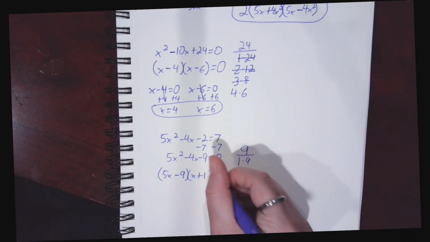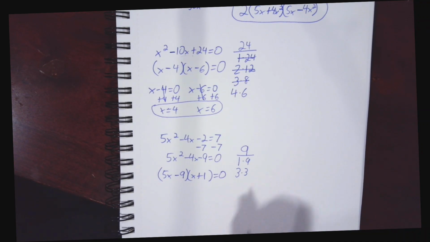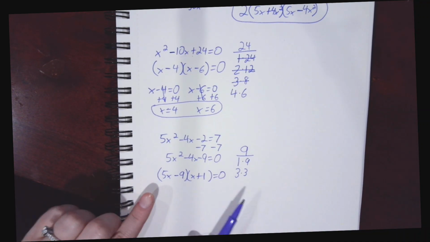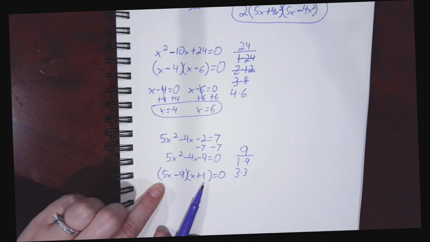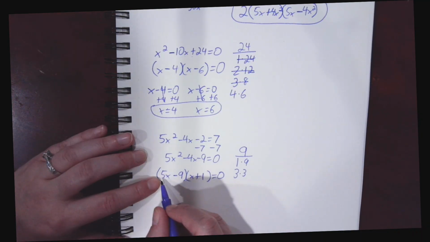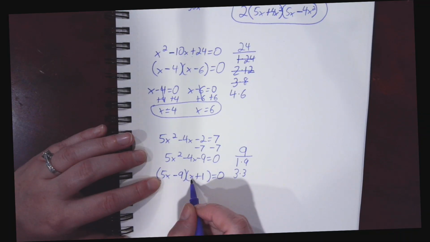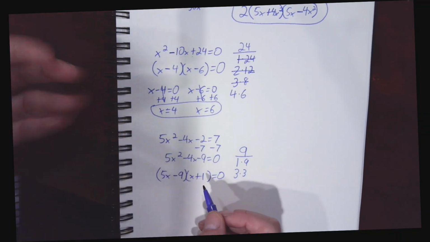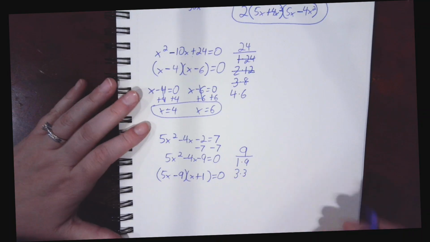Well, let's check that, and that would still be equal to 0. I couldn't do 3 times 3 because 5 times 3 gives me 15 minus a 3. That doesn't get me to negative 4. That is how I picked 9 and 1. So let's check. So I have negative 9x plus 5x. That would get me to negative 4x.